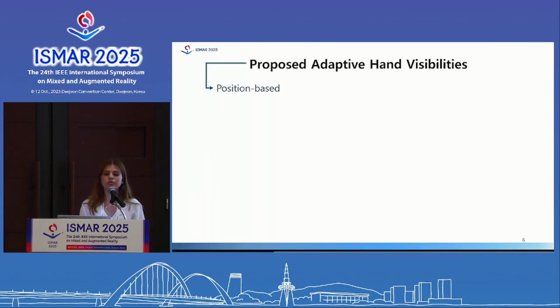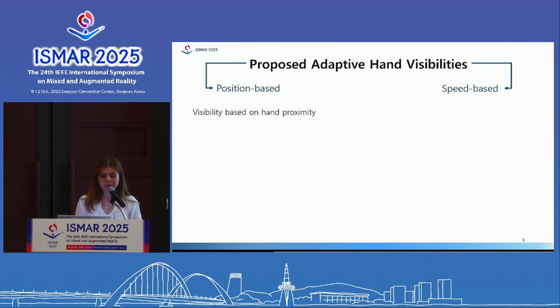So we propose to use two adaptive hand visibilities. The first one is position-based and the other is speed-based. Position-based hand visibility depends on hand proximity. If we know the location of the hands and the interactive objects in the 3D scene, we propose to use position-based.